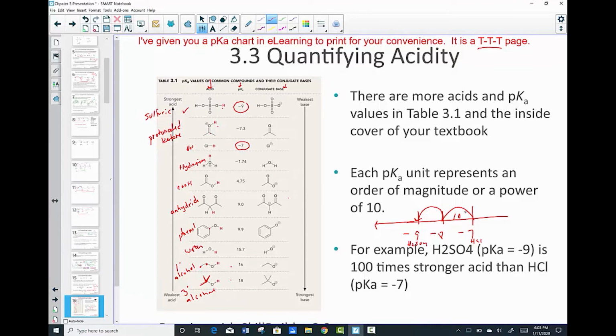So going from -7 to -8 is times 10. Going one more is, again, times 10. So from -7 to -9, that's 2 zeros, 100 times stronger sulfuric acid is in terms of its acidity as compared to HCl. Now, both are very strong, but we can see just the slightest change in number gives us an incredibly different strength of the acid.